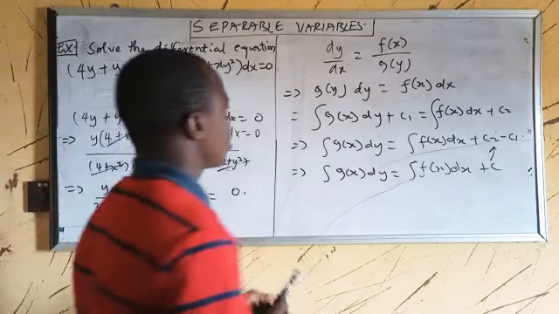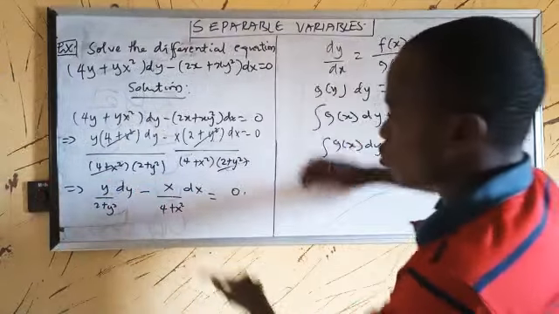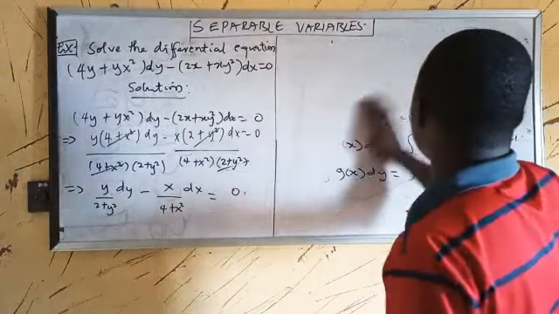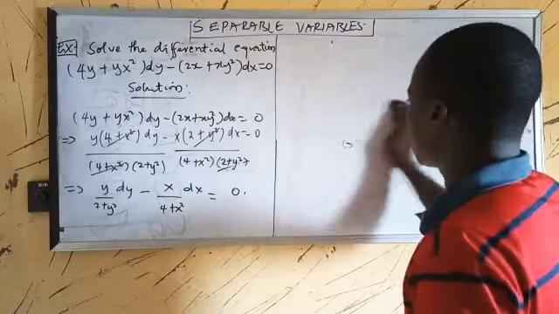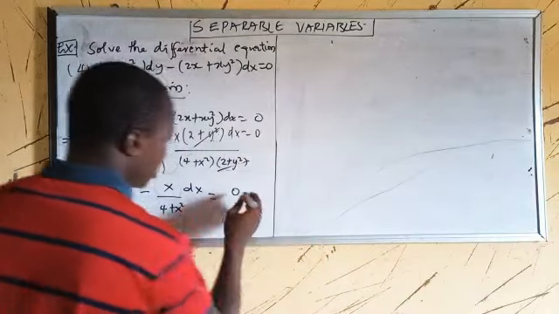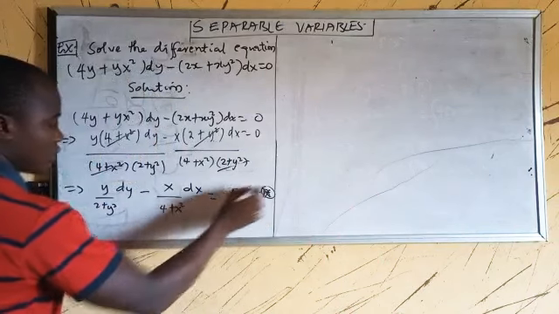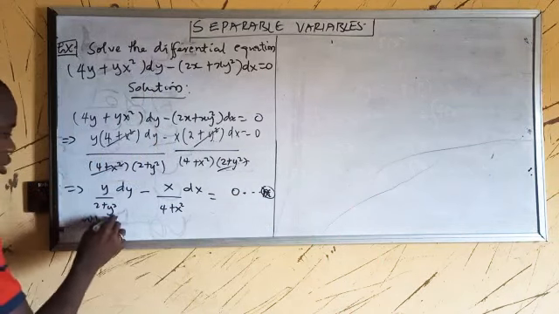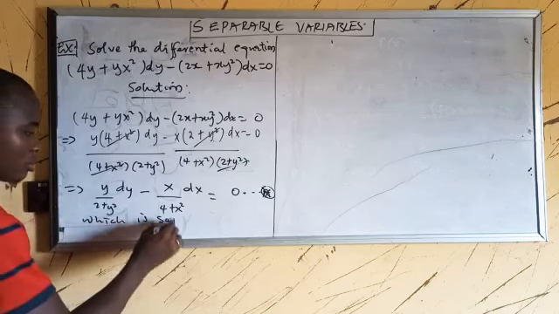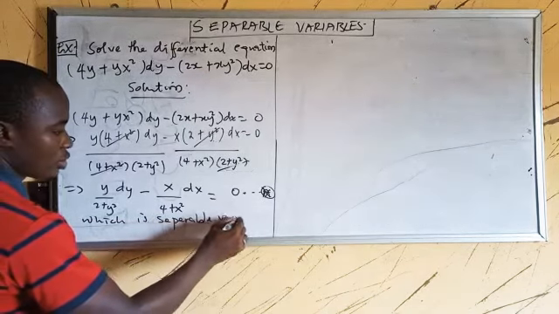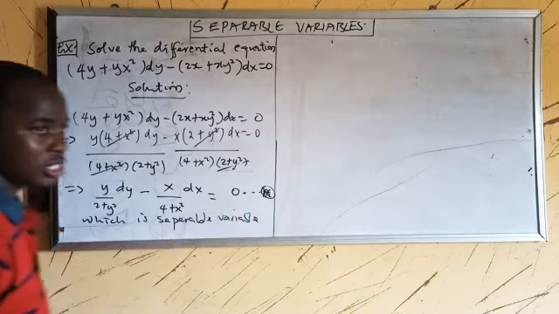Are you getting it now? So if you look at this one here, you can see that it is separable. So we can say, let's call it equation star, which is separable.